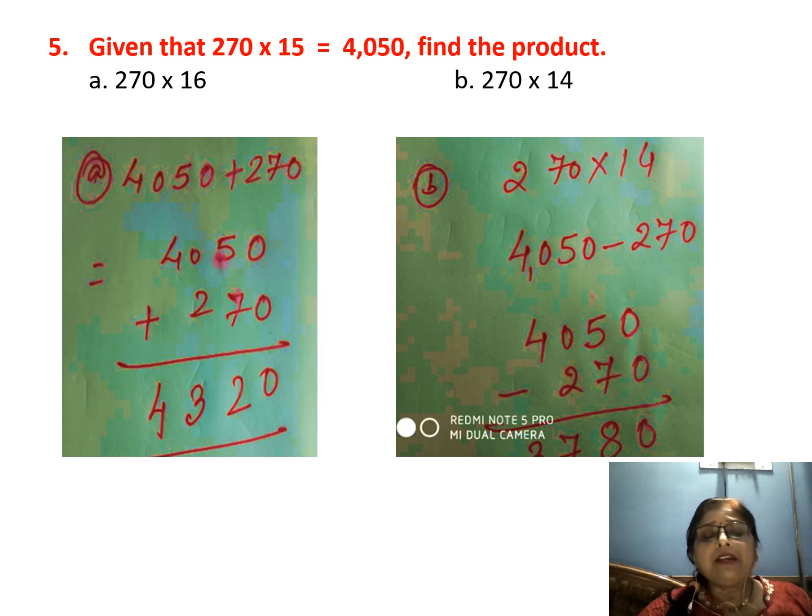So you add 270 here, then you will get the answer. And the next question, 270 multiplied by 14, means it is 1 less than 15. So you subtract 270 from the product, then you will get the answer. In this way, you solve all the questions of the practice set.